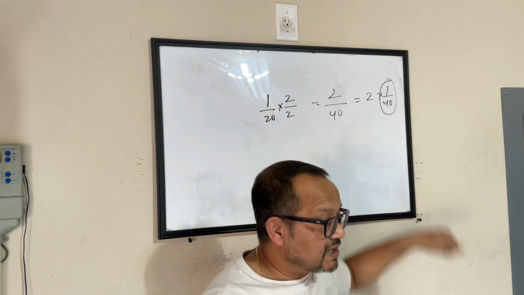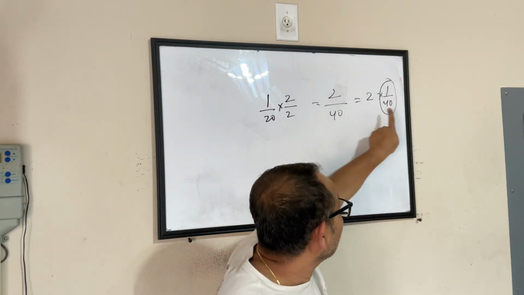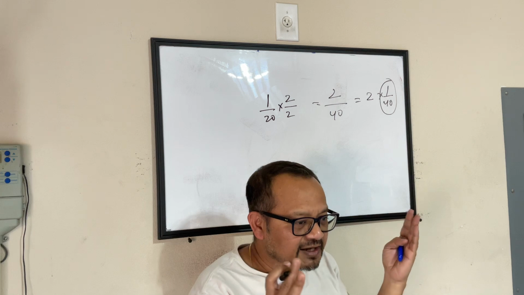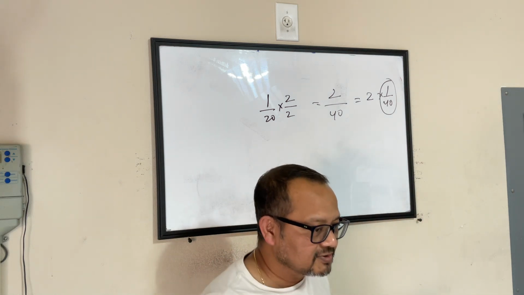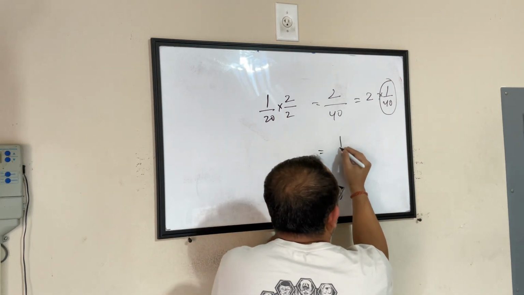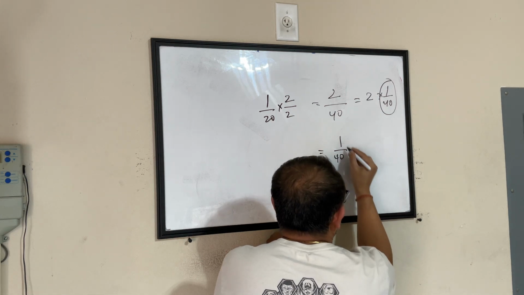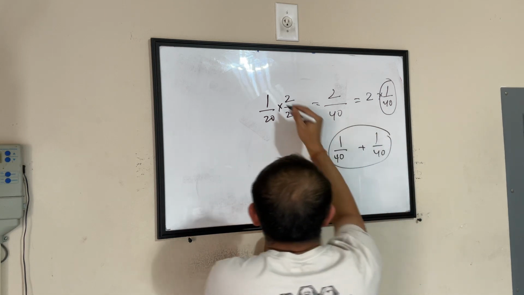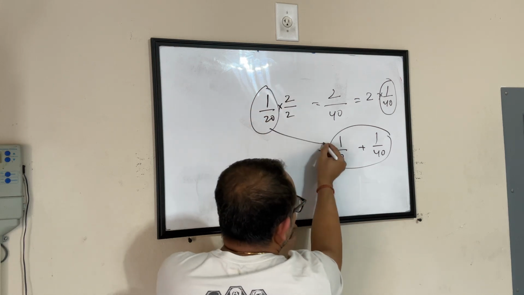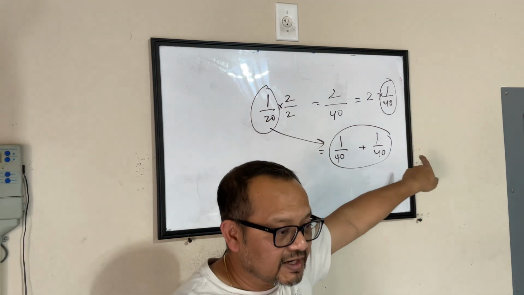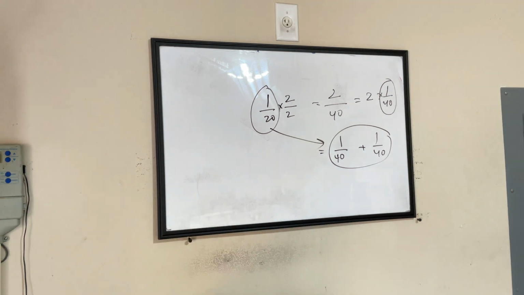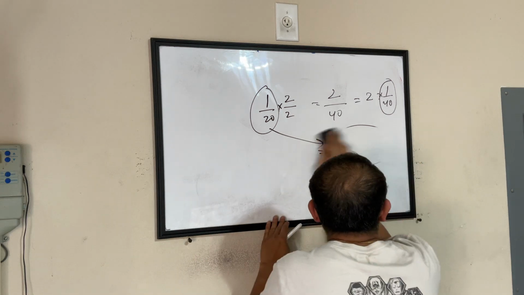I'm saying 1 by 40 is a mango. So I have 2 mangoes. I can say 1 mango plus 1 more mango. So my 1 by 20 became, I could decompose this into 2 fractions. Everybody okay?